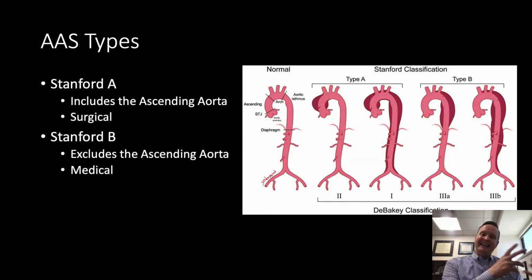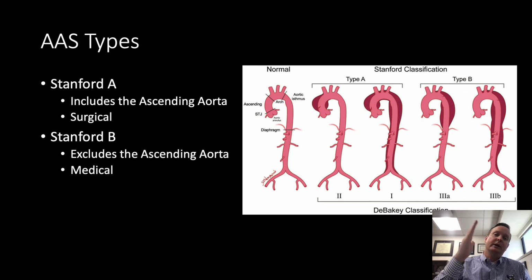So those are the diagnoses of acute aortic syndrome, and now it's useful to differentiate those into the different types, and we apply the Stanford criteria, where Stanford A is anything that includes the ascending aorta, and in general this is a surgical abnormality, as opposed to a Stanford B, which excludes the ascending aorta.